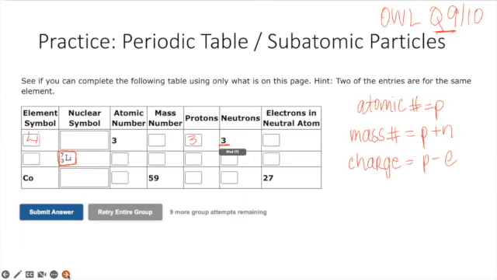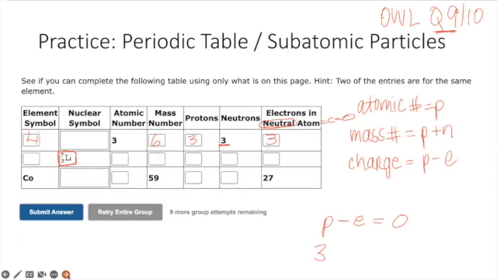And so mass number, P plus N, 3 plus 3 equals 6. I'm skipping the nuclear symbol for now, I'll come back. Now it's already telling me that this is a neutral atom, and therefore its charge equals 0. So if the charge is 0, it means that P minus E equals 0. And if in this case my P is 3, then my electrons must be 3 in this case.